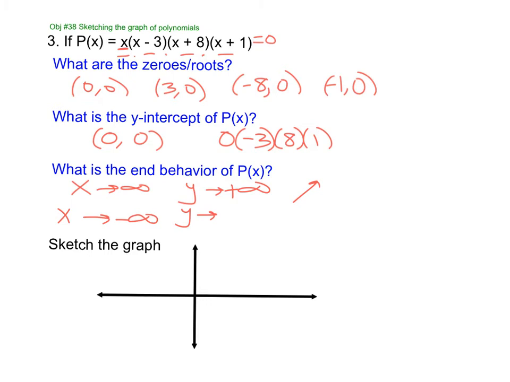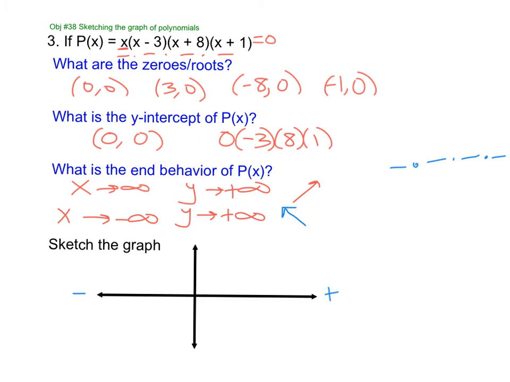What's happening there? It's positive because there are 4 of them this time. Those end up canceling out. So as x is going to the left, my y is going up. Negative x is on the left, and my y is going up.